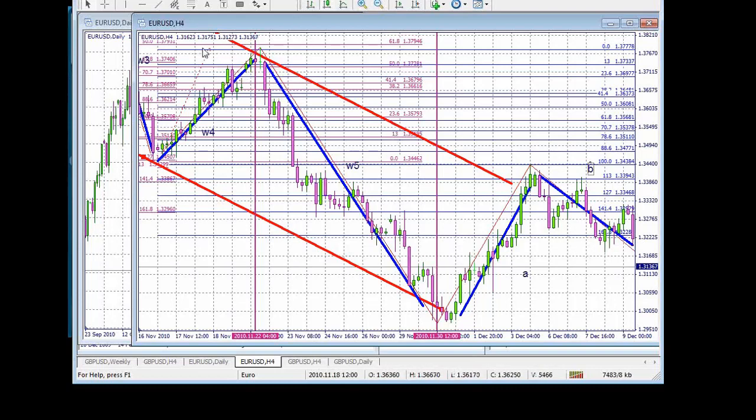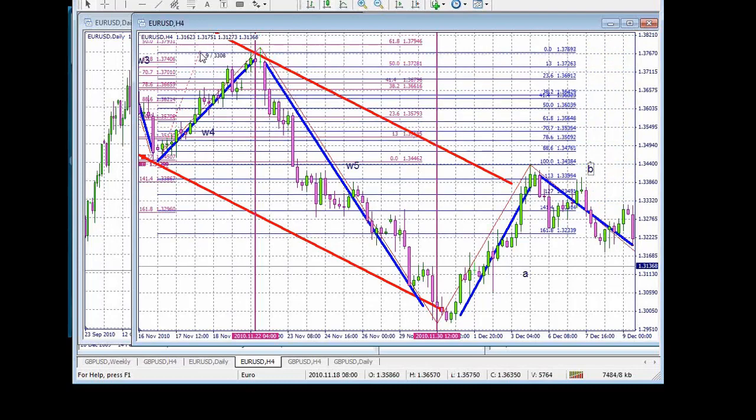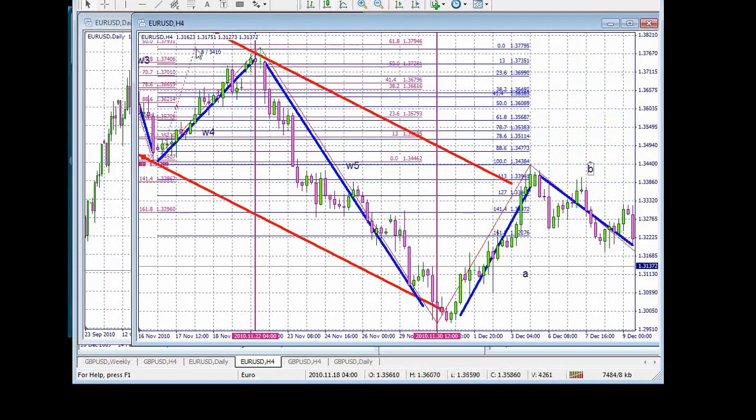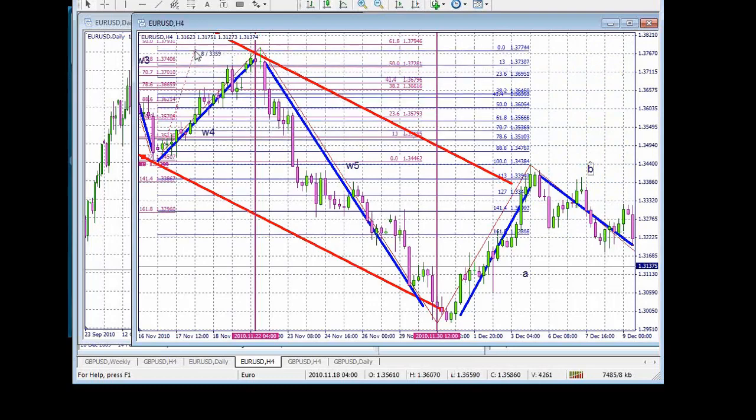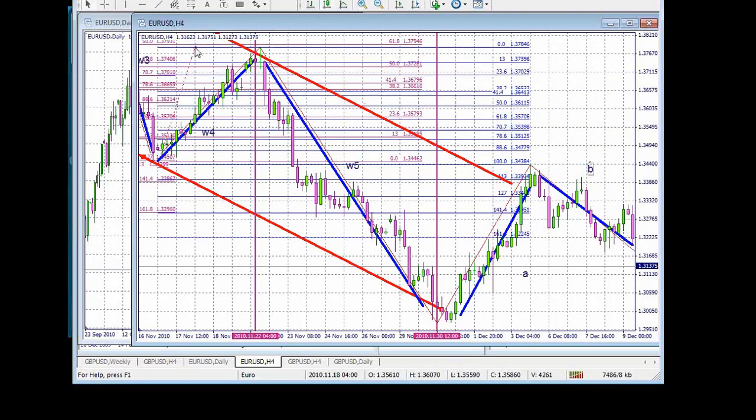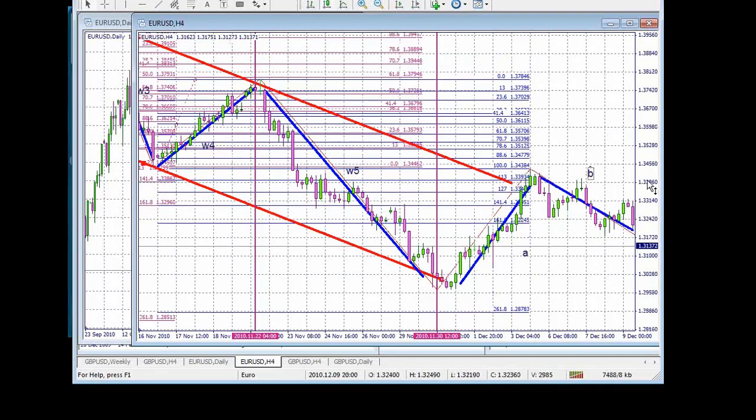We can see that the value was bigger than 161 and was very close to the level of 261.8.